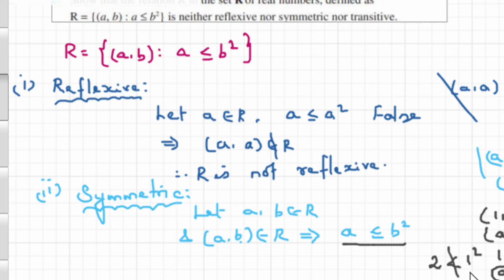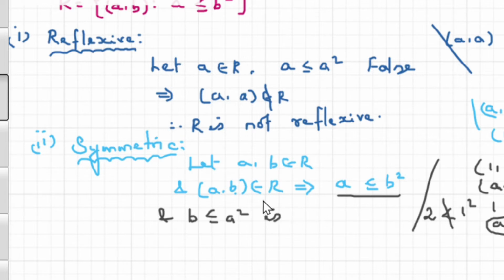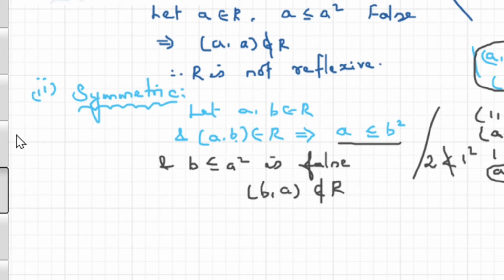But it is not true. So for the reverse order, b less than or equal to a squared is false. It is clear from the example. So (a, b) belongs to R, but (b, a) does not belong to R. If both conditions are satisfied, we can say it is symmetric, but the second condition fails.